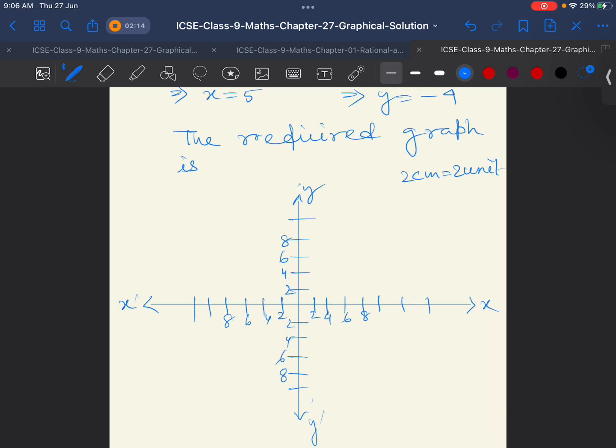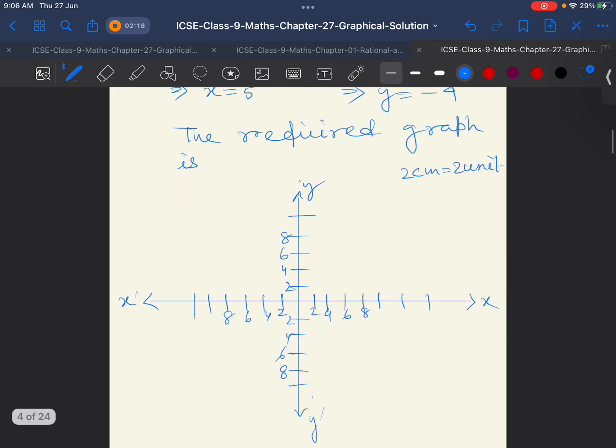Okay. Now we plot the line x minus 5 equals 0. So this line will be here. This is the point. x minus 5 equals 0. Here you see, the x point is 5, then y is 0; x is 5, then y is 1, here y is 2, y is 6, y is 8.